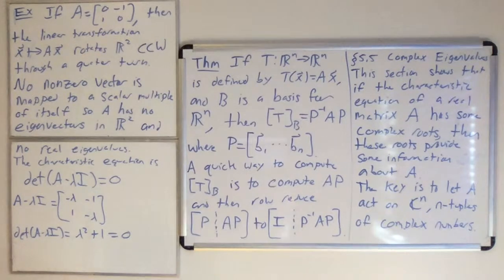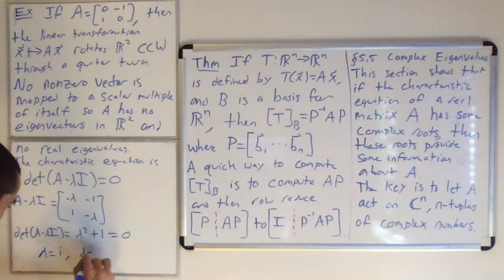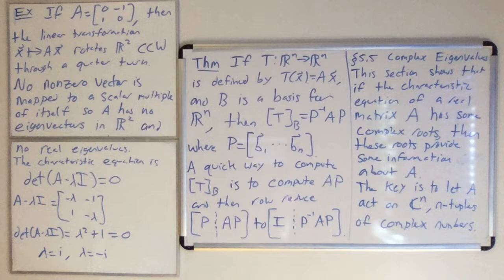The only solutions are complex, right? So the solutions to this are lambda equals i, and lambda equals negative i, where i is the square root of negative 1. So the eigenvalues of this matrix are complex.